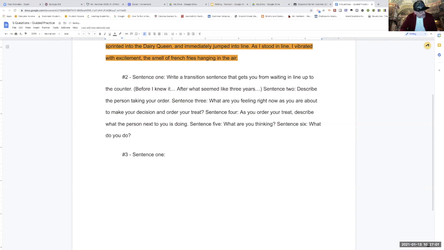Sentence 1. Now we're going to write another transition sentence that moves you from ordering to waiting for your treat to be made.